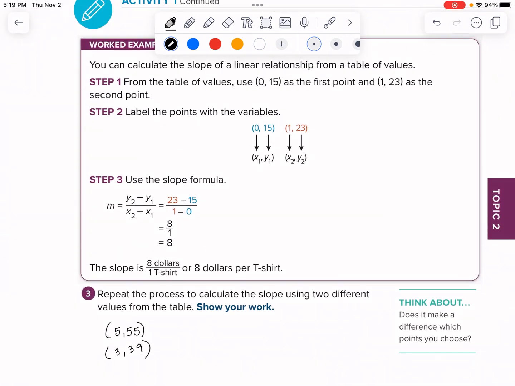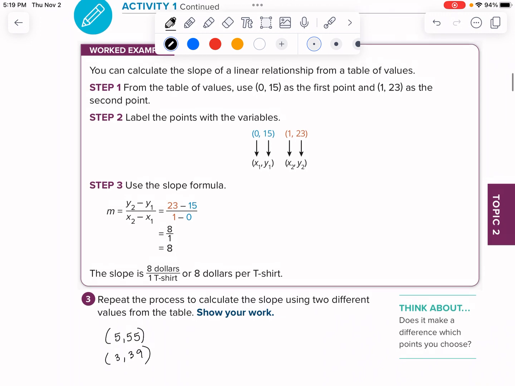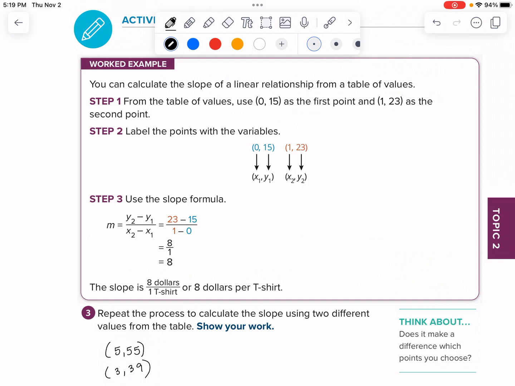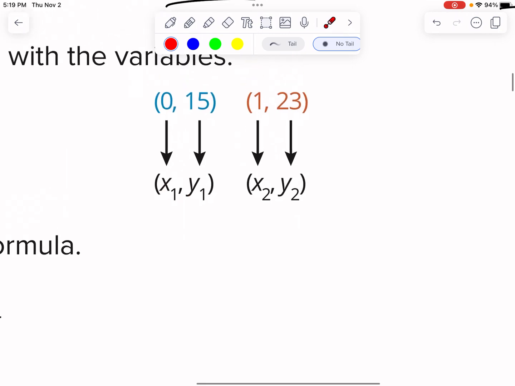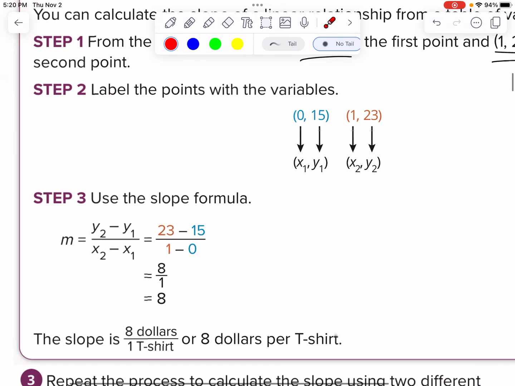Let's go to 239. To calculate the slope, we have to have 2 points that lie on the line. We have 0, 15, and 1, 23. And we're already labeling them, where we have x1, y1, and x2, y2. So plugging that into the formula.